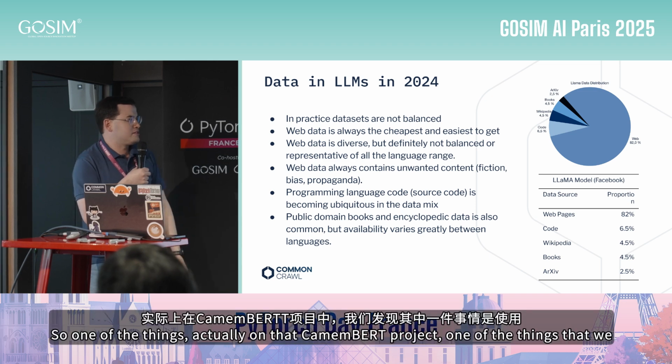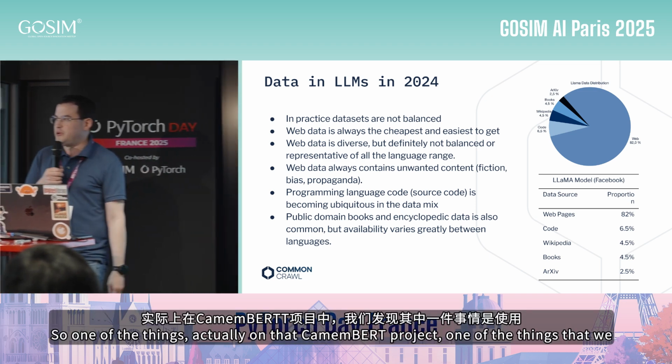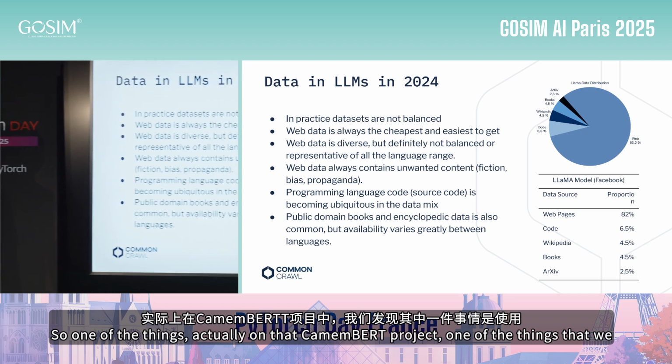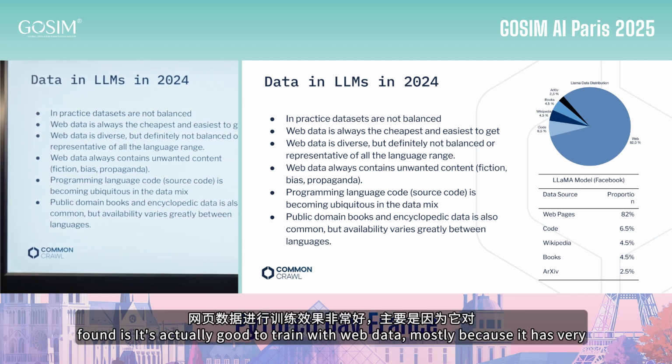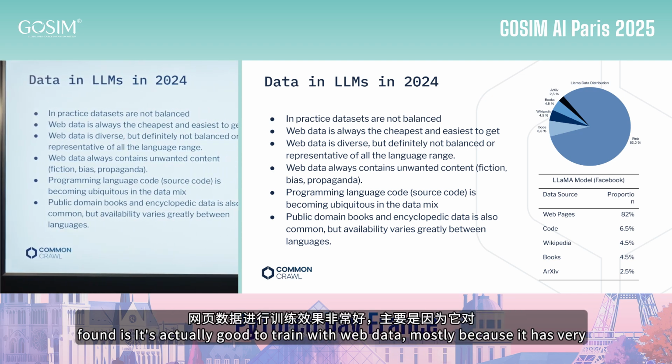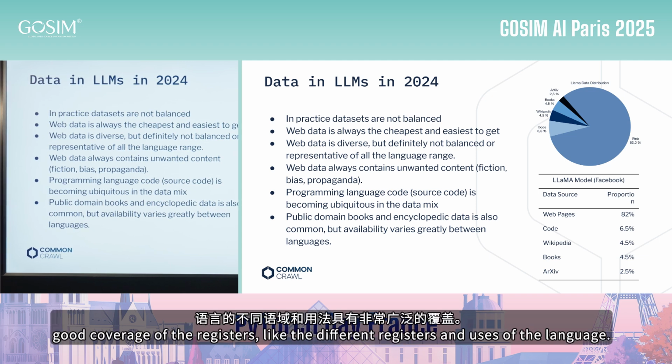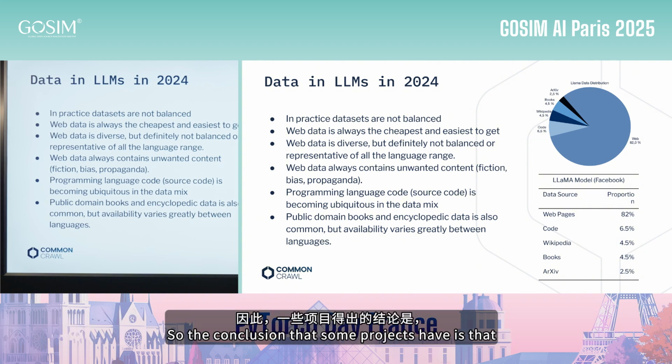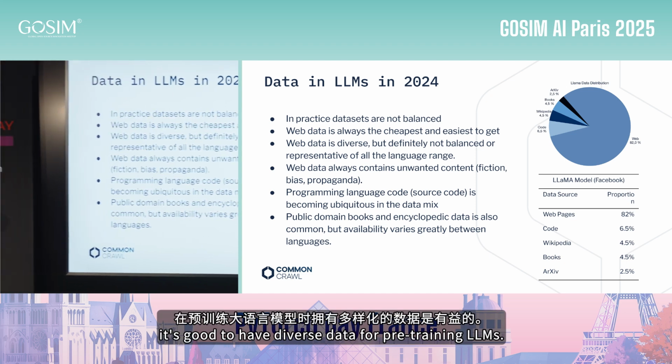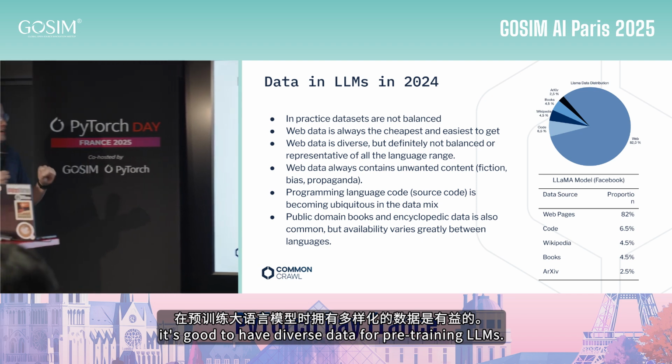One of the things that we found on that CamemBERT project is that it's actually good to train with web data, mostly because it has very good coverage of the different registers and uses of the language. So the conclusion that some projects have is that it's good to have diverse data for pre-training LLMs.